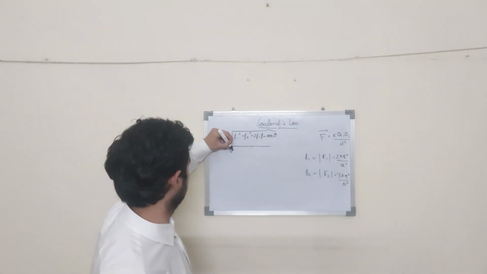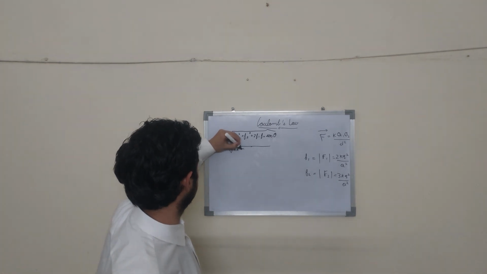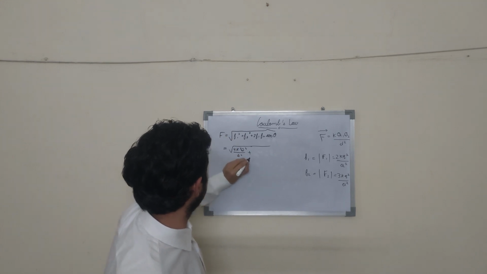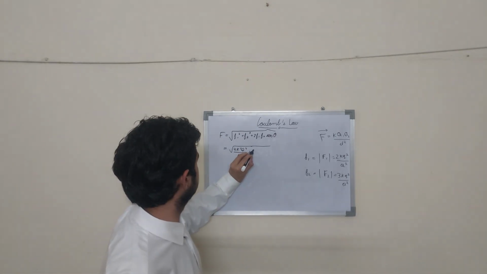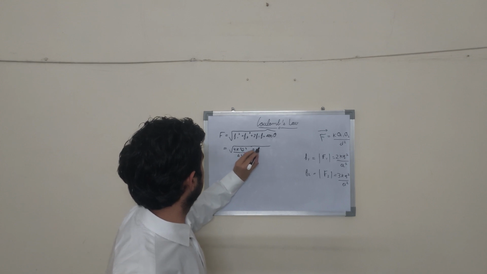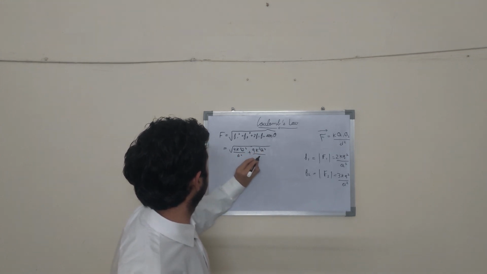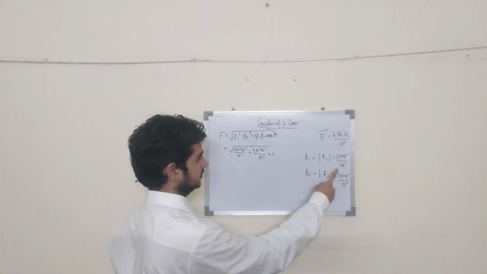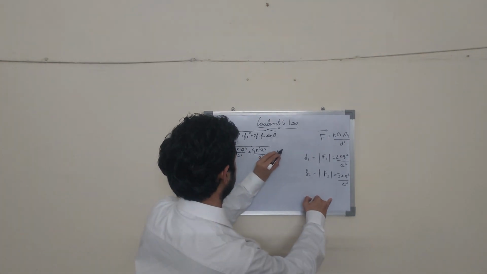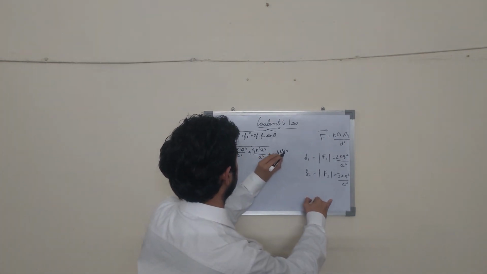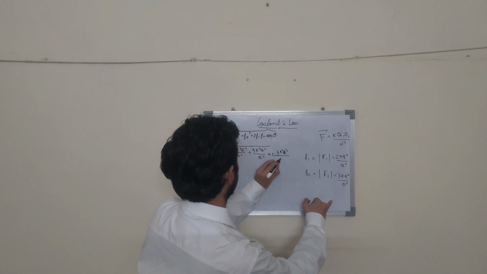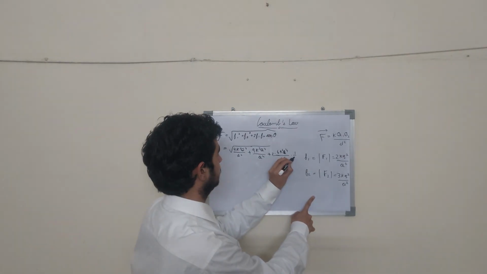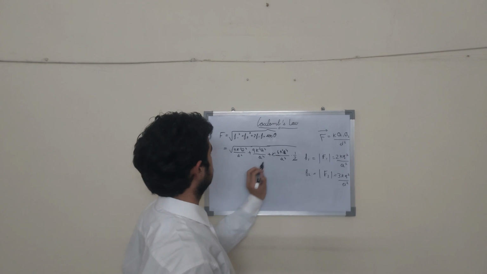We can write it as F1 square would be 4 K square Q to the power 4 upon A to the power 4, plus F2 square would be 9 K square Q to the power 4 upon A to the power 4, plus 2 into F1 F2 would be 6 K square Q to the power 4 upon A to the power 4 into cos 60 degrees, which is 1 by 2. This 2 gets cancelled here.